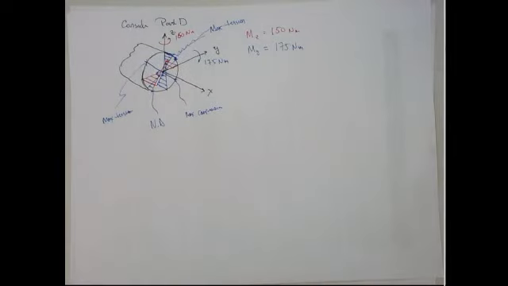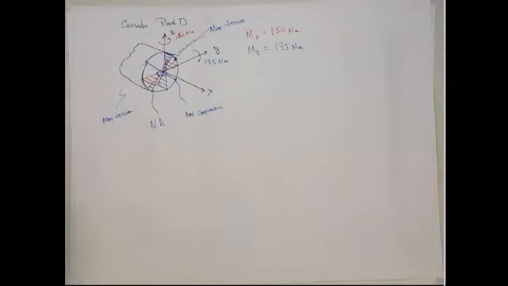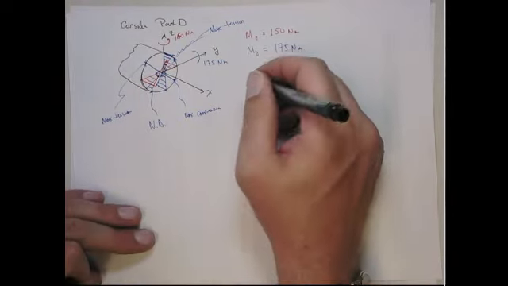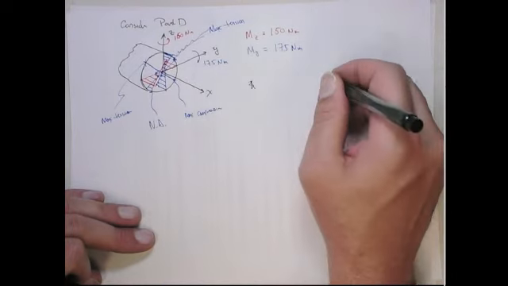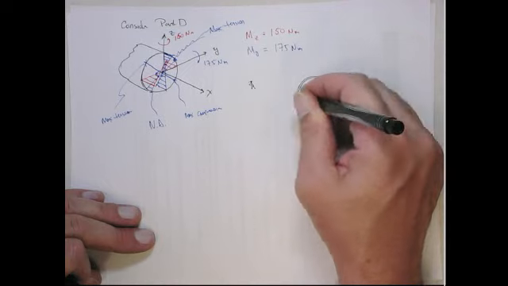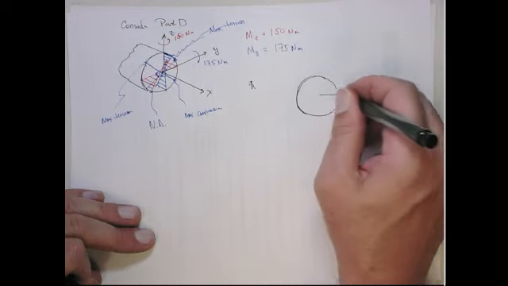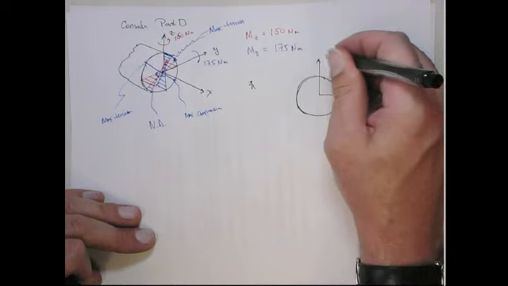Now here, it's a little tricky. You say, well, where does it happen? If you remember, when we looked at the neutral axis equation, let's look at the cross section straight on. Here is y. Here is z.